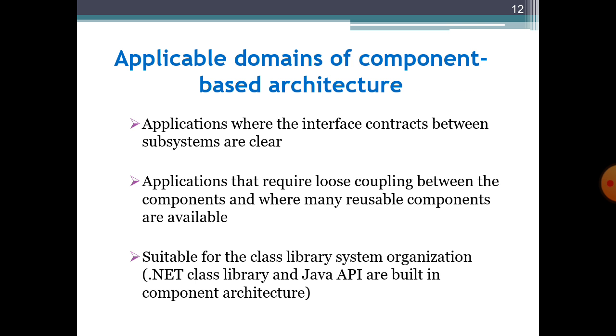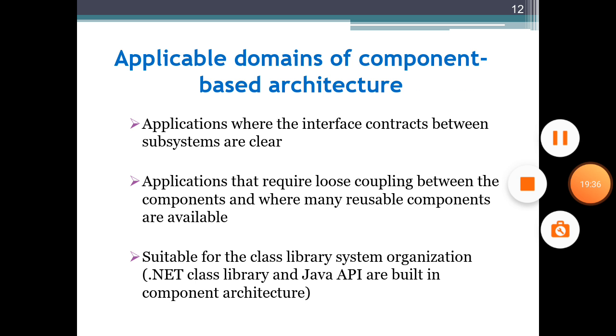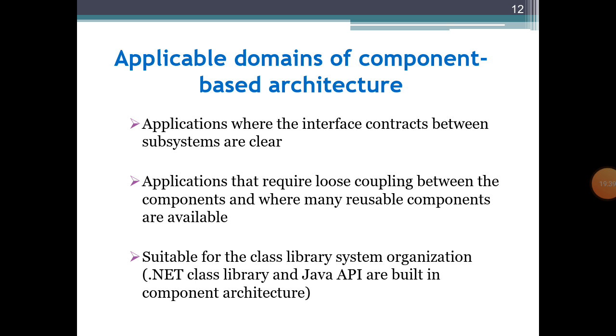So students, now let's discuss some possible applicable domain areas of where we can utilize this component based architecture. This component based architecture is commonly utilized where interface contracts between subsystems are clear, and where the communication between different interfaces or different subsystems is clear and well understood. We can also use this type of architecture where we require loose coupling between the components, and where many reusable components are available.